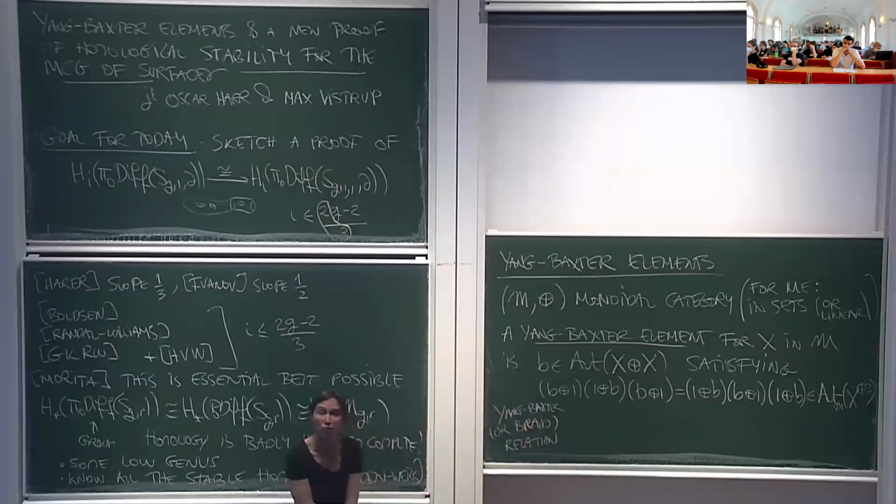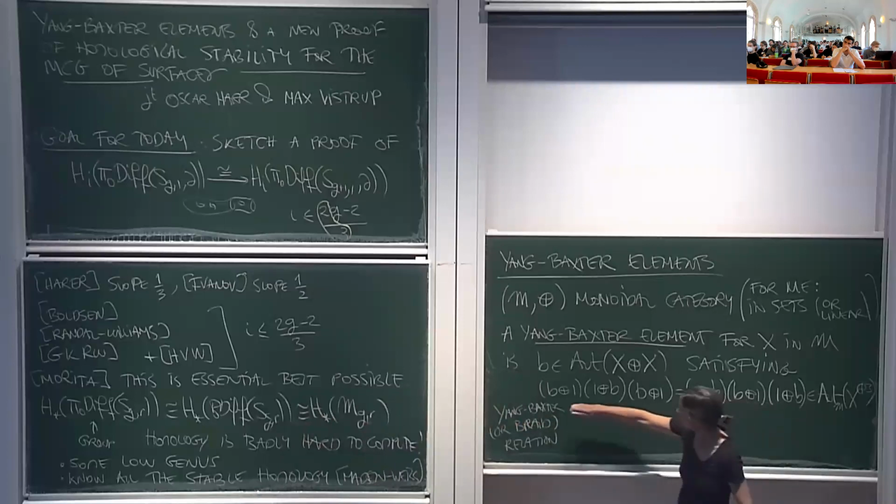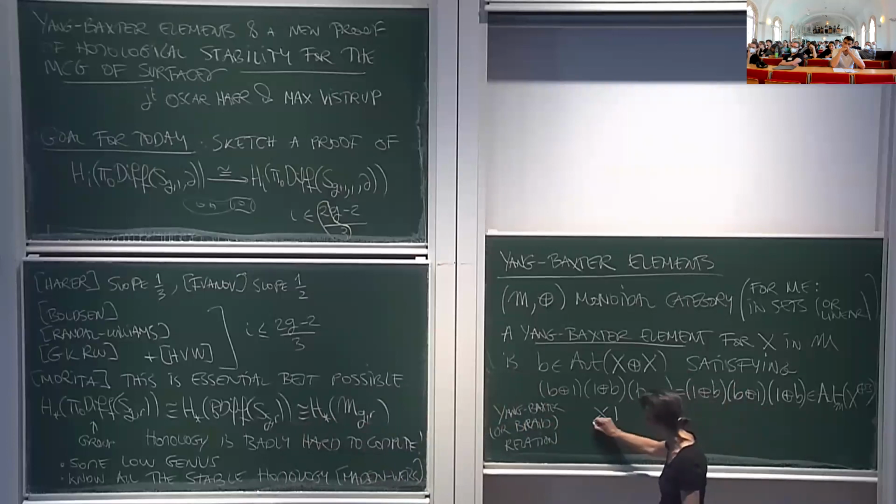And why is it also called the braid relation? Because this is something satisfied by the braid groups. If B was a generator of the braid group, it would look like a cross. When I do B plus 1, I put a little identity on the side. Then I go again, cross, identity.